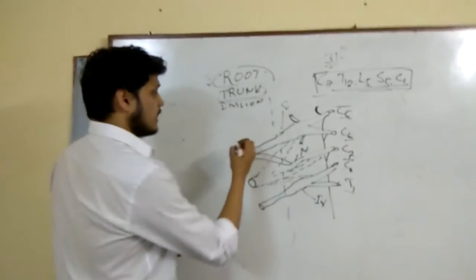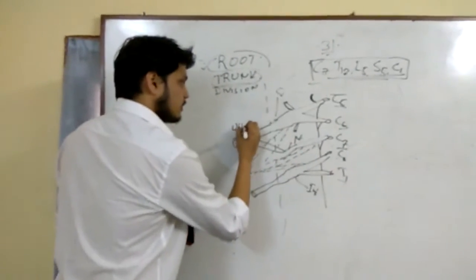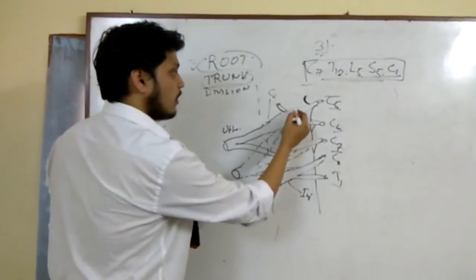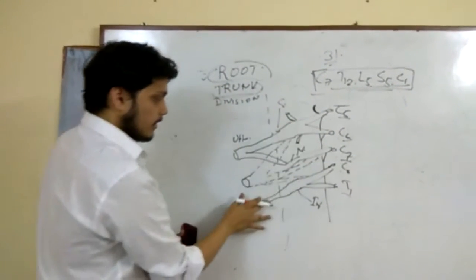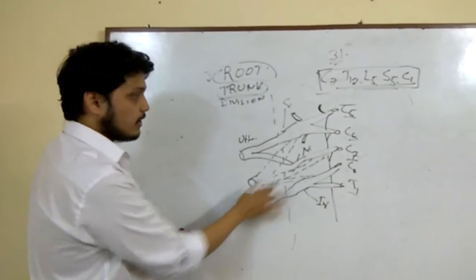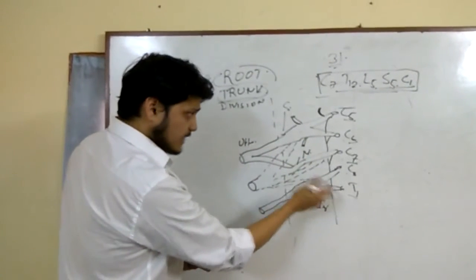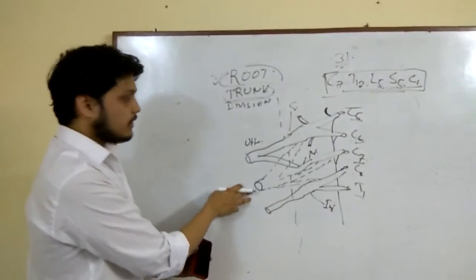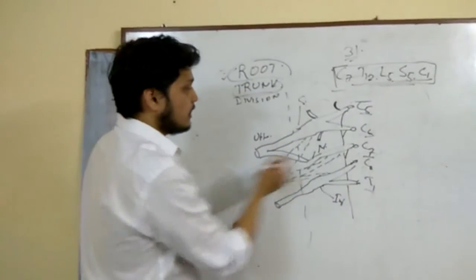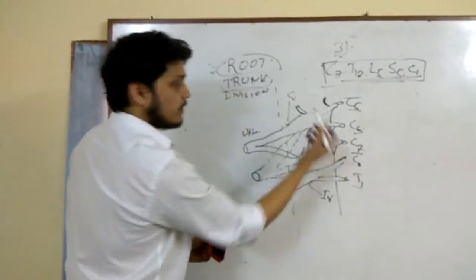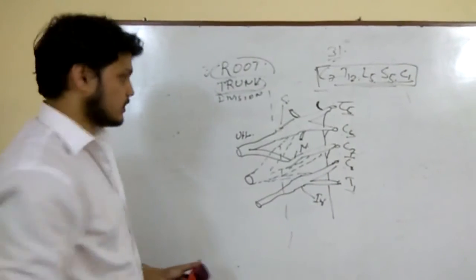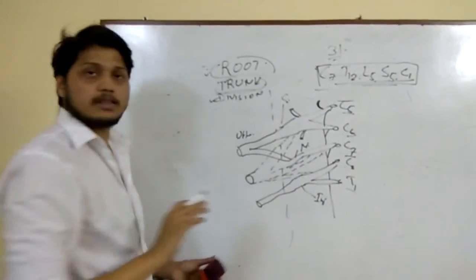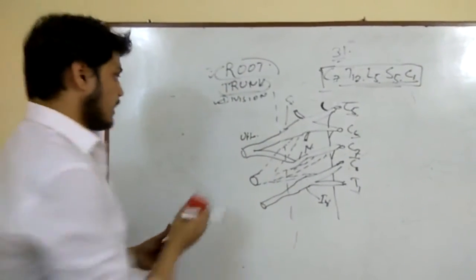So it's very easy. The upper division is formed by the anterior division of the superior trunk. The lower division is given by the anterior division of the inferior trunk, and the posterior division is given by the posterior divisions of my superior, middle and inferior trunks. So this is done with the division, and there are no nerves coming out from here.